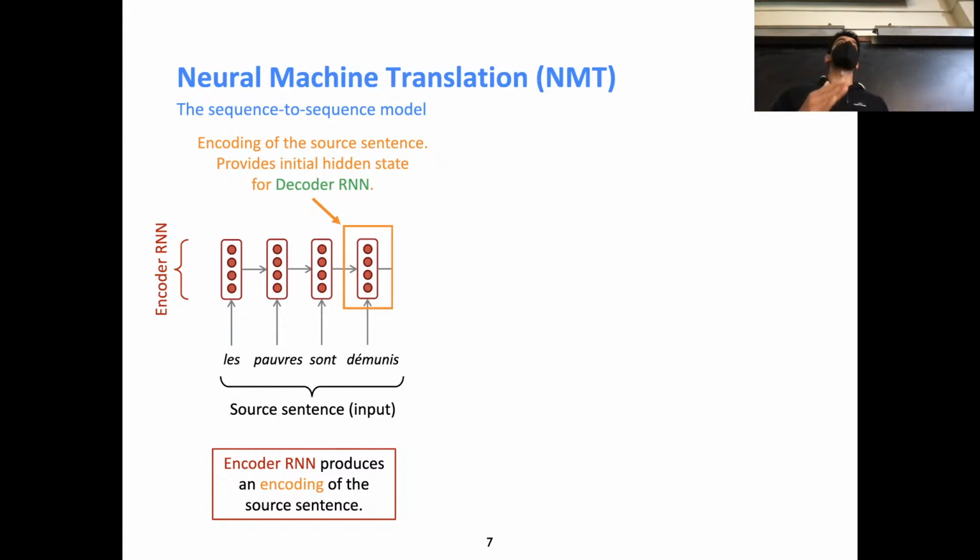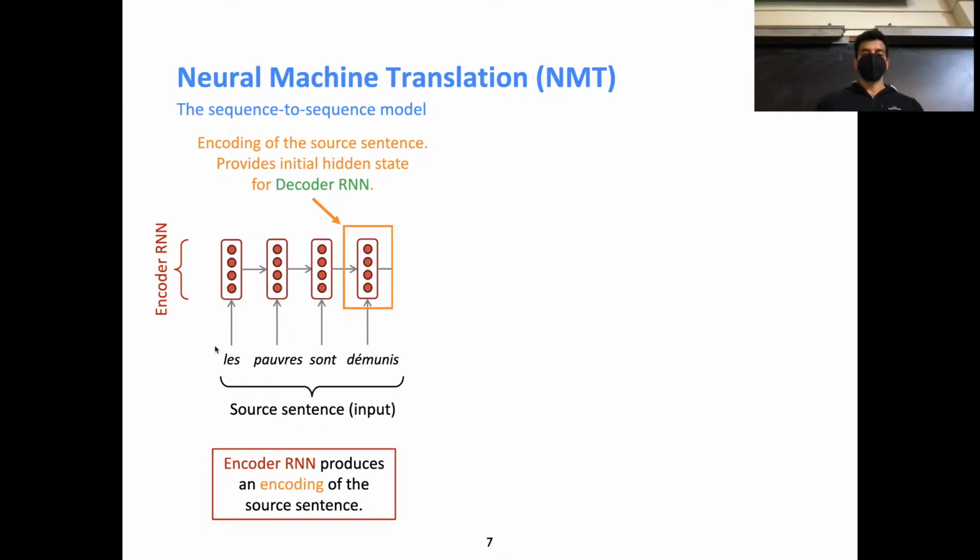I have no softmax layer in my encoder. I'm not interested in producing French words. I only want to produce English words. So I use this RNN. Remember, this is 2014. We are not using attention even here. So this final vector here represents my entire sentence. It's a bottleneck vector.